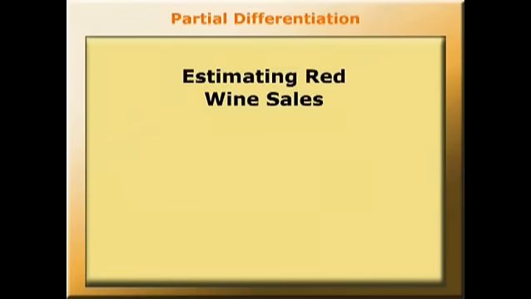Here we'll use the technique of partial differentiation to understand the demand for a restaurateur's house red wine. What determines the amount that he will expect to sell?